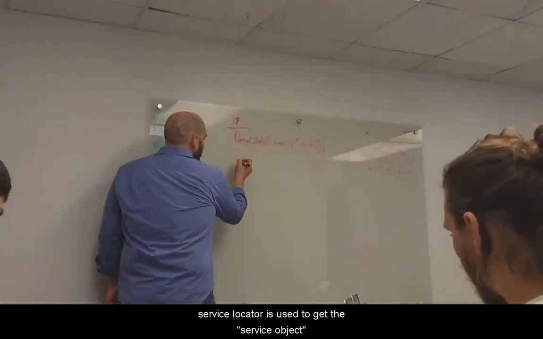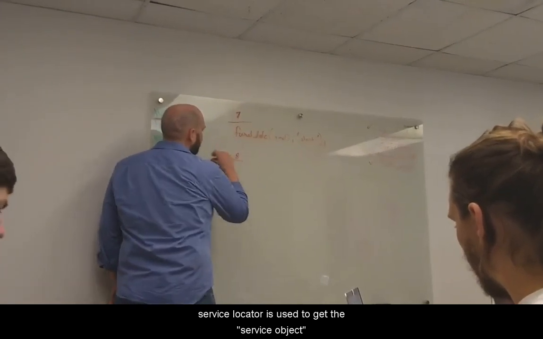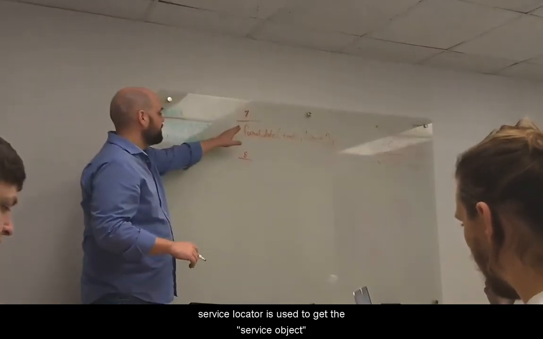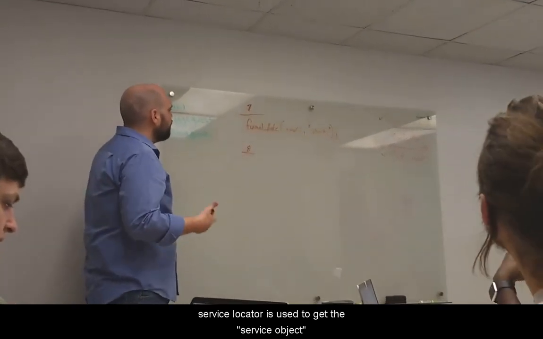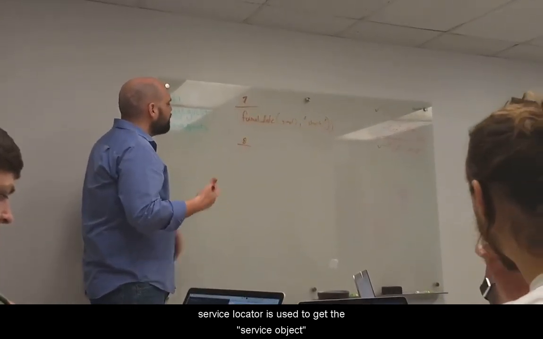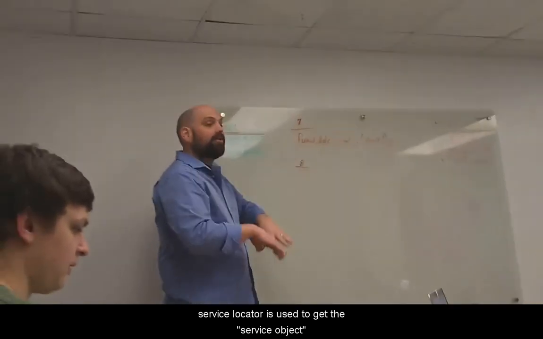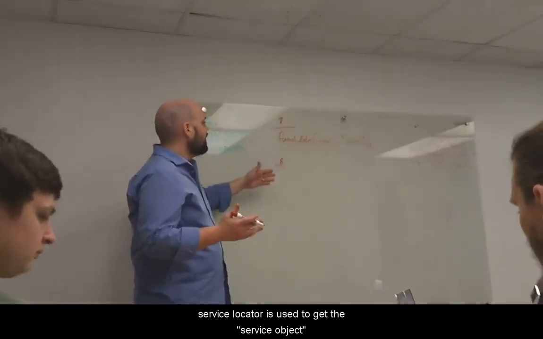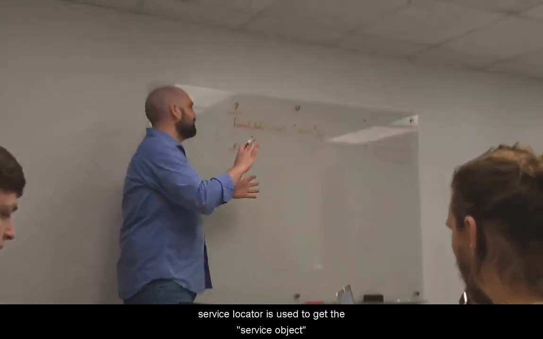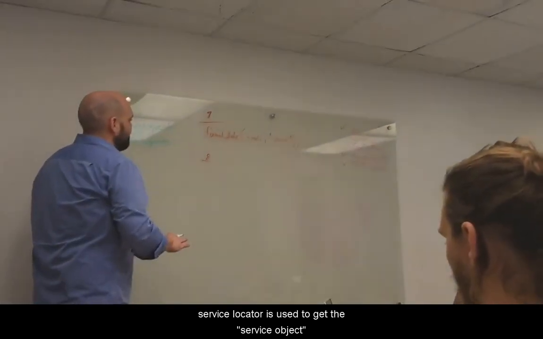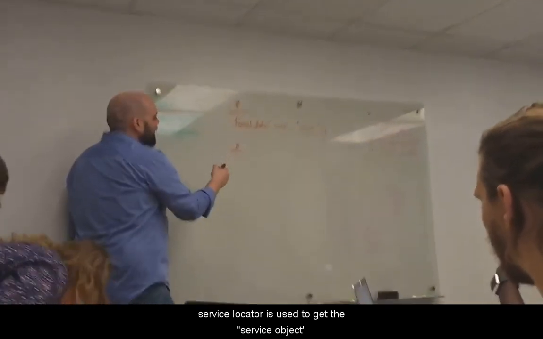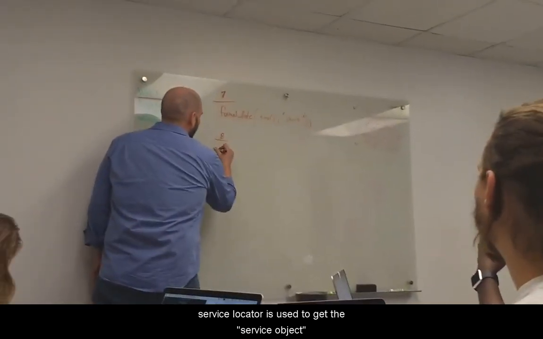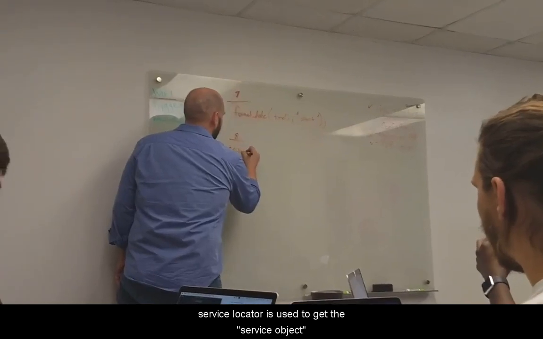So in Drupal 8, rather than having these global functions, for a different reason, dependency injection, which we'll come back to, we have an object that is called a date formatter.